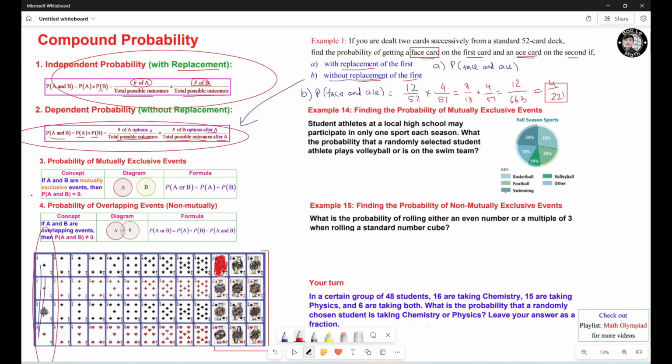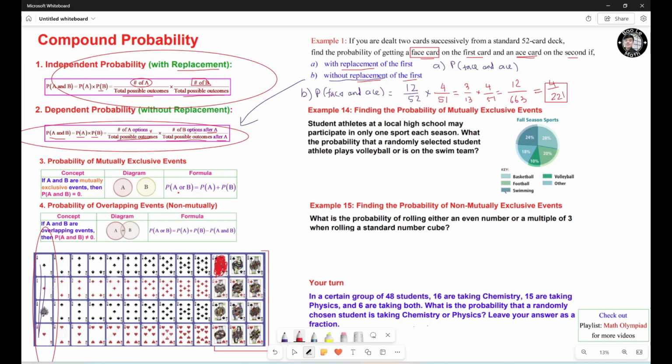Alright, let's move on to the next one. Probability of mutually exclusive events. If event A and event B are mutually exclusive events, then probability of A and B must equal 0, which means A and B have nothing in common.